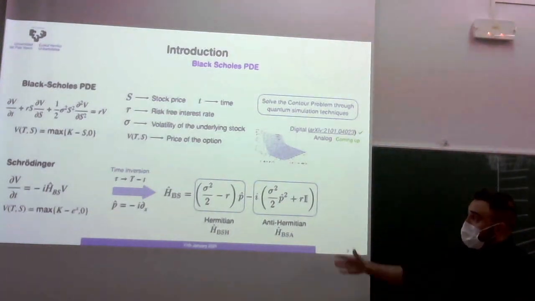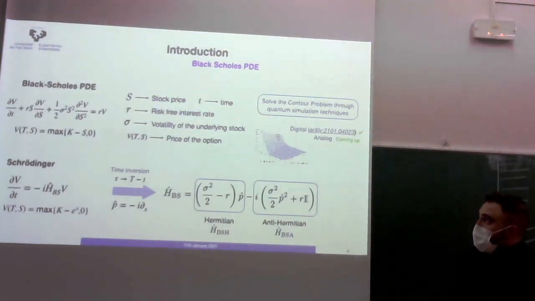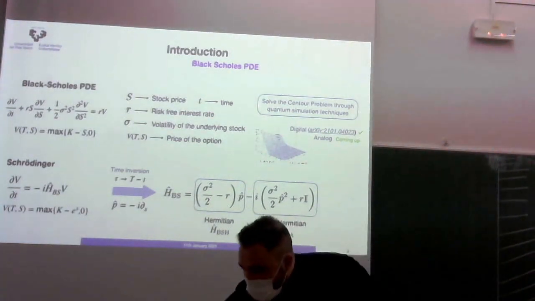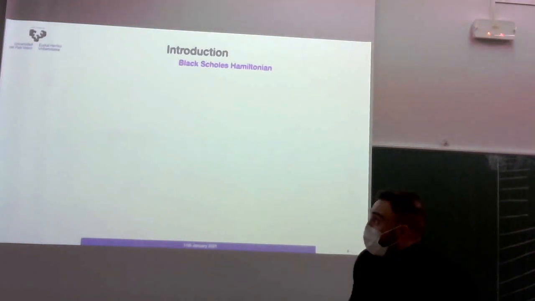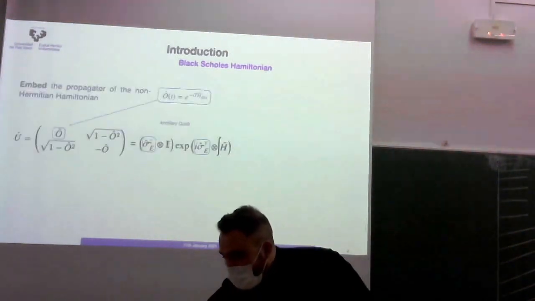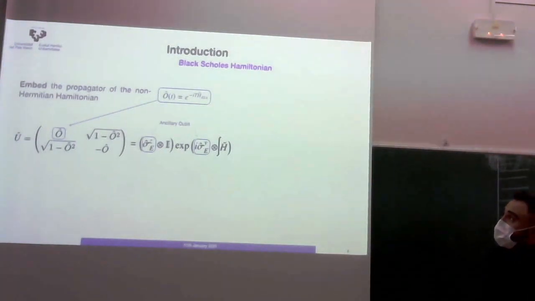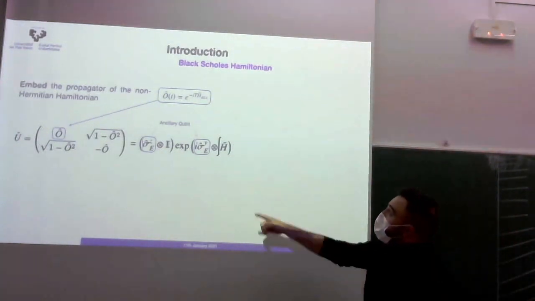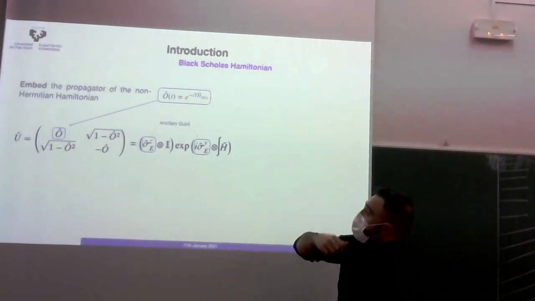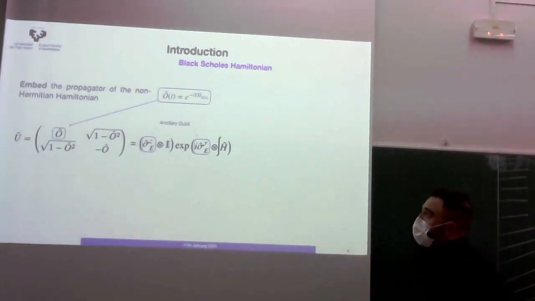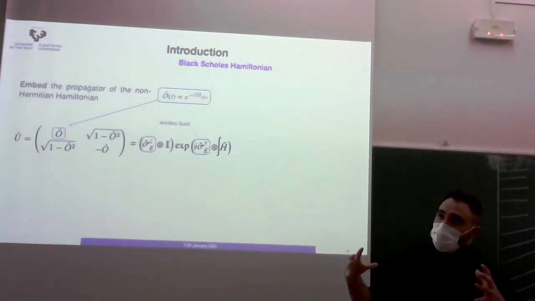So this means the main issue in order to reproduce the dynamics of the partial differential equation in order to obtain a solution. So the trick that you may already know is to embed the propagator instead of the Hamiltonian.